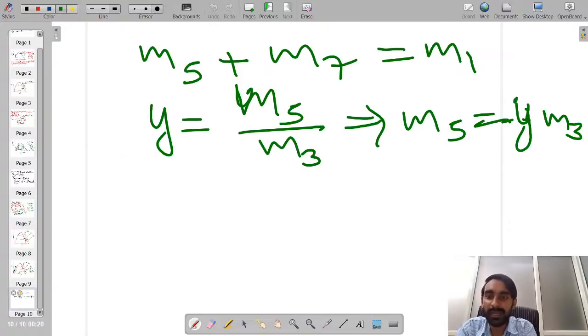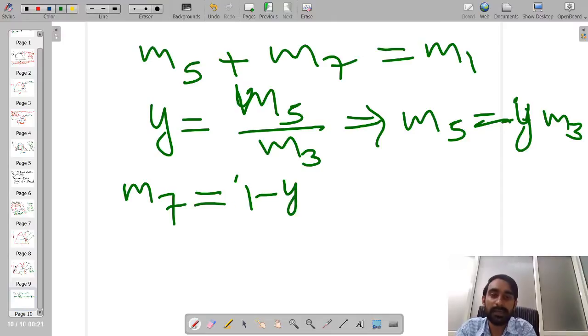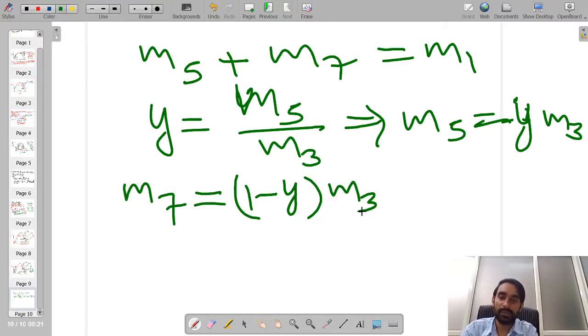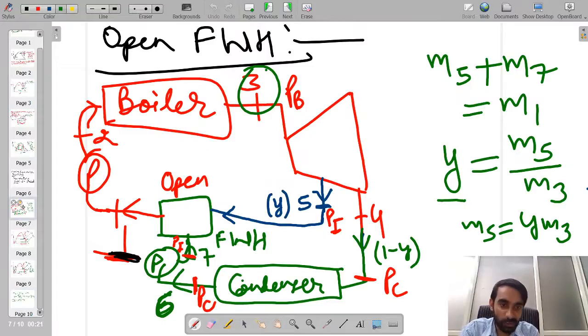Similarly, the mass at point number 7 is equal to 1 minus y times m3. I got m7 because this mass was m4, 1 minus y into m3, and this m4 passes through the condenser and then through a pump, where inside the condenser and the pump there is no interaction of mass.